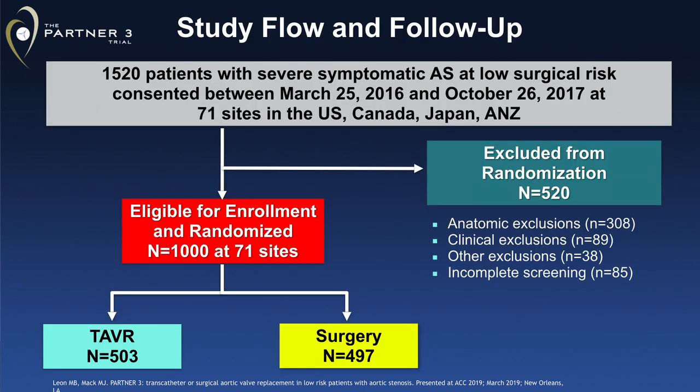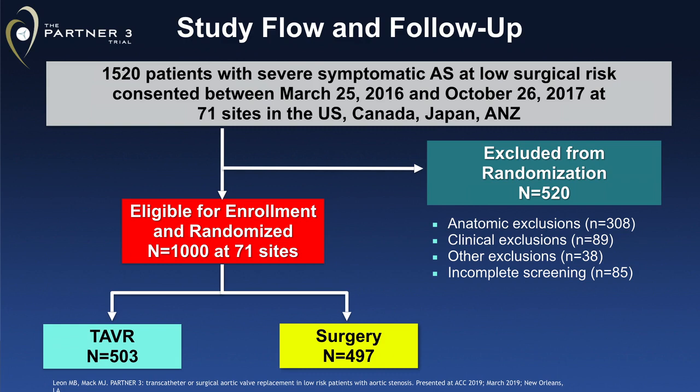So they ended up consenting 1,520 patients that had severe symptomatic AS and were low surgical risk between March 25th of 2016 and October 26th of 2017 at all 71 sites I mentioned. 520 of them had to be excluded based upon the preoperative evaluation, sometimes for anatomic or clinical or other reasons, or incomplete screening, leaving us with the 1,000 that were eligible for enrollment and which were randomized. Quite fairly evenly here, TAVR 503 and surgery 497 patients.